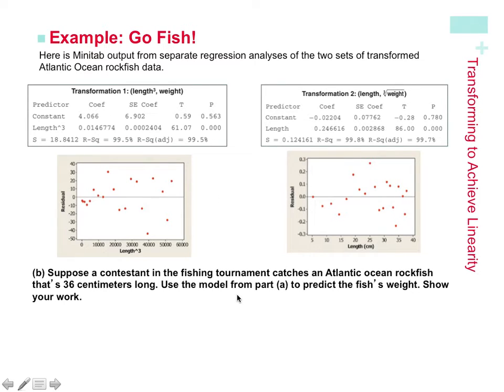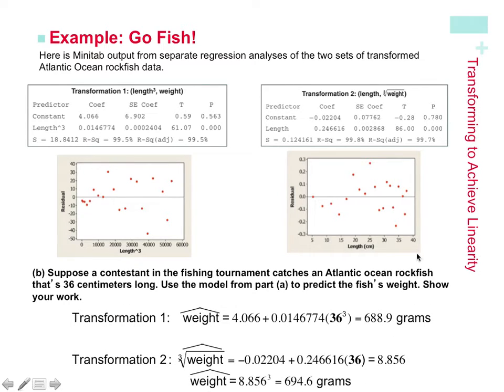So I think it is an appropriate fit. So now we can use it to make predictions, okay? So for the first one, I'm predicting the weight for 36 centimeters, okay? So just plugging in 36, and likewise with the other, you should see that you get very close to the same answers.